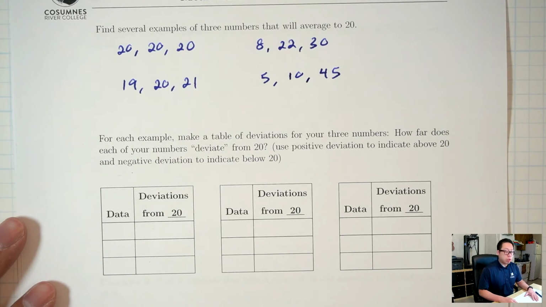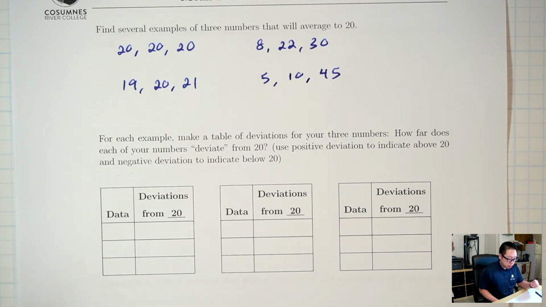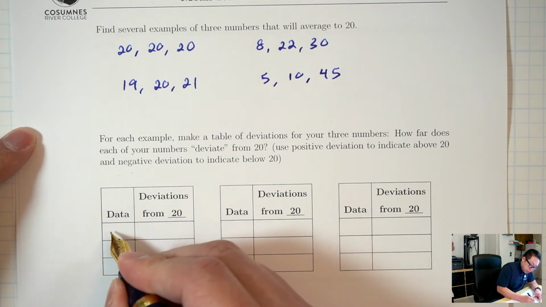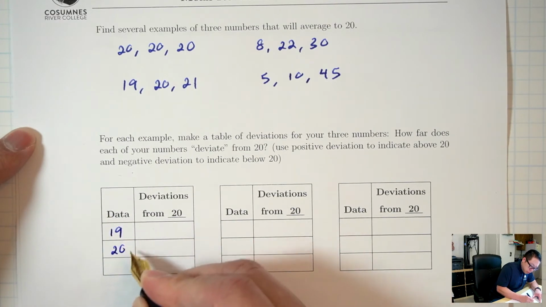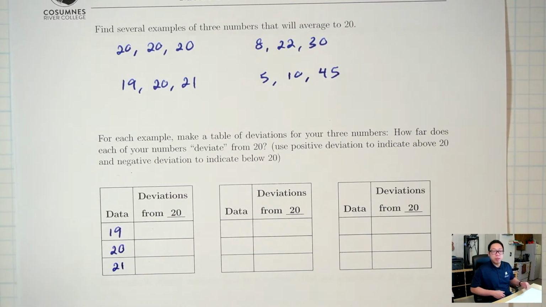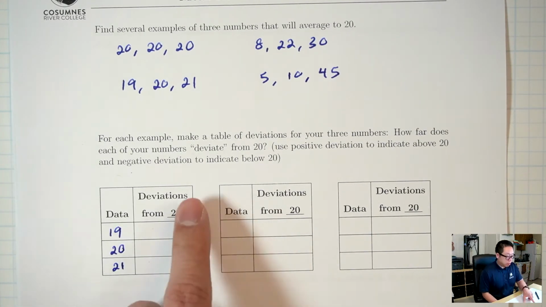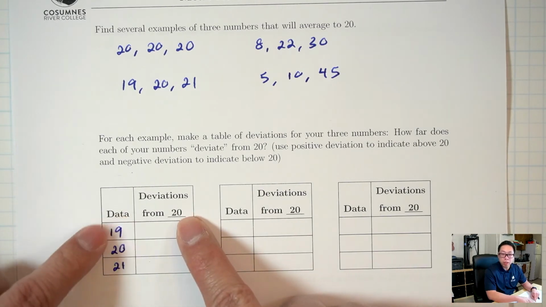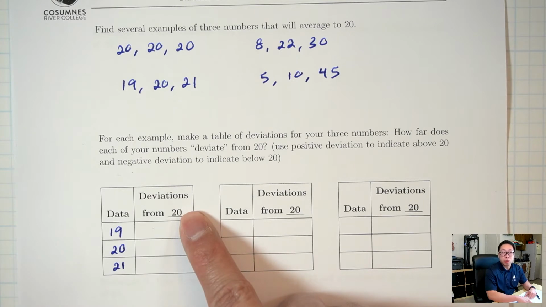Okay, what are deviations? So what I want to do here is make a table of deviations for these examples. So I'm going to skip the easy one and talk about these three examples. Starting with the 19, 20, 21, I'm going to first list out the data. And deviations are really distance from 20. So how far is 19 from 20? It's 1 away.